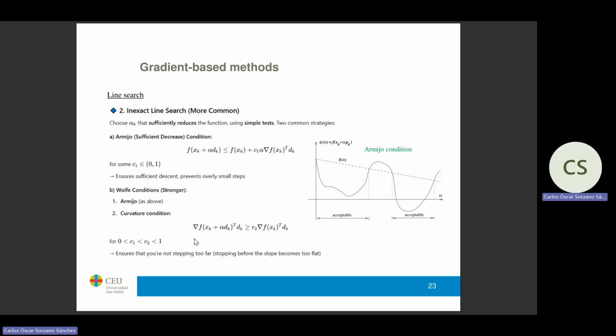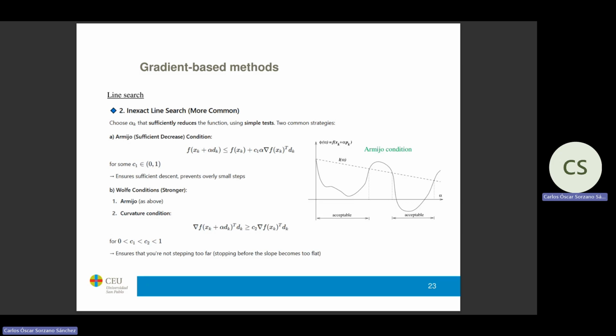So I will be moving alpha, and what I'm requesting from this alpha is that the evaluation of the function after my movement is whatever I had at the beginning, plus something that depends on the derivative and the direction that I'm looking. This is the gradient, and I'm moving in the direction d_k. Here you see this is a kind of linear approximation of the function.